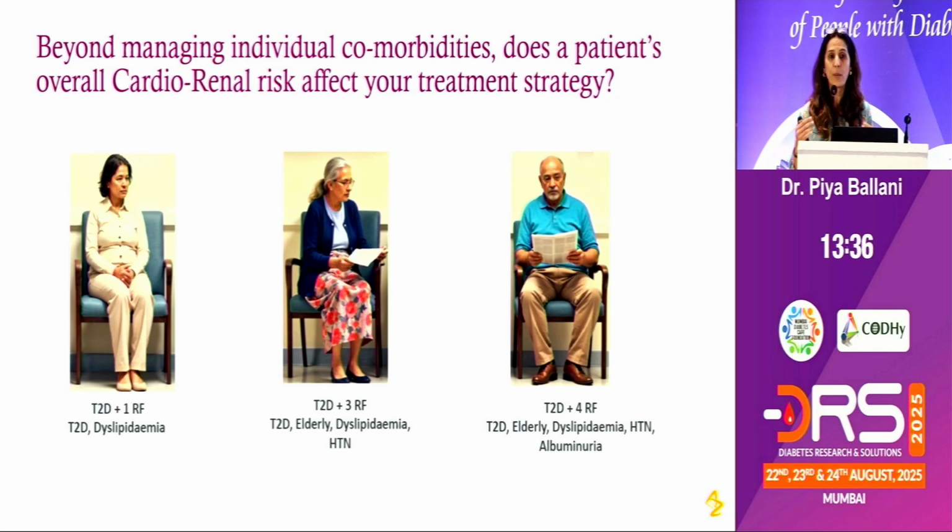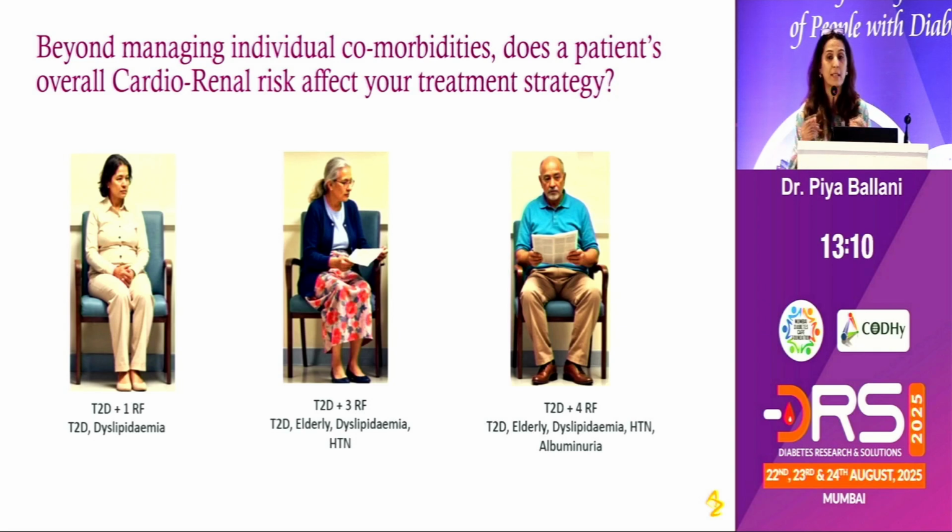What we are not doing is stepping back, zooming out a little, and thinking that with one extra risk factor, we are not just dealing with 1 + 1 = 2 risk factors. What we are dealing with is a multiplicative effect, not an additive effect, in terms of cardio-renal risk status.